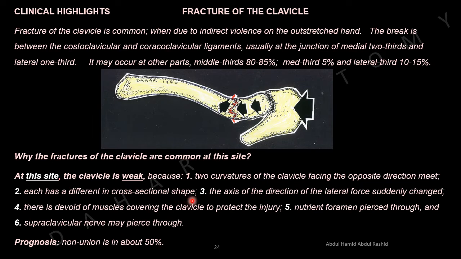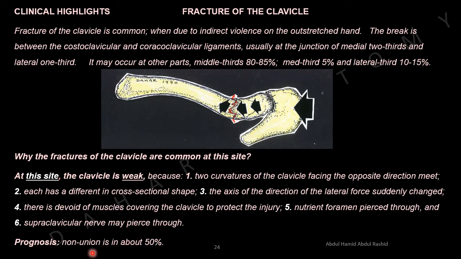Number 3, the axis of the direction of the lateral force suddenly changes. Number 4, there is no muscle covering the clavicle to protect it from injury. Number 5, the nutrient foramen pierces through. And number 6, the supraclavicular nerve may pierce through.